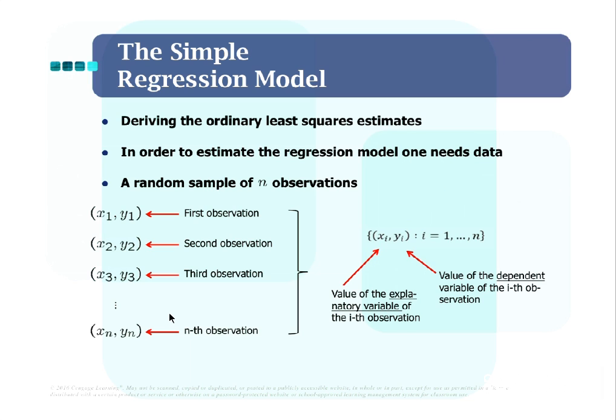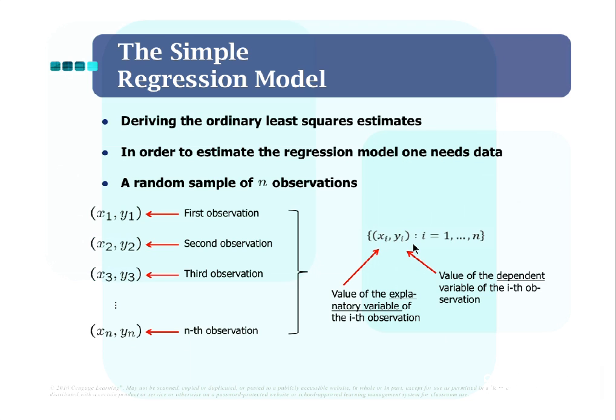So now the question is, suppose we have a sample of n observations. Okay? So x1, y1 is the first sample, x2, y2 is the second sample, and up to xn and yn. And we use this notation xi, yi to present this sample compactly.